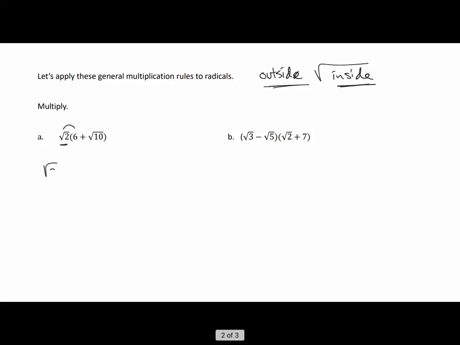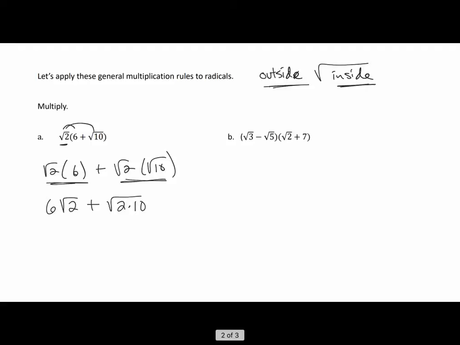So square root of 2 times 6 plus square root of 2 times square root of 10. So for the first term, 6 is not in a radical, so it stays outside. For the second term, though, both of those are inside of a radical, so I can multiply them together inside the radical by the product rule.